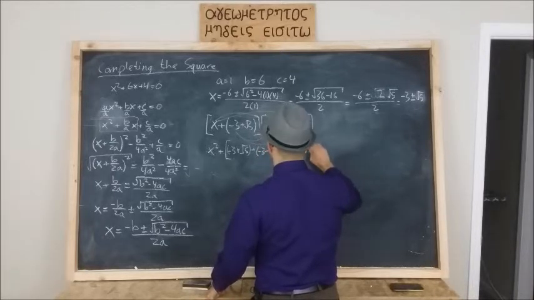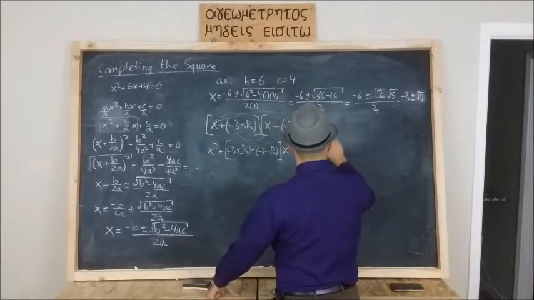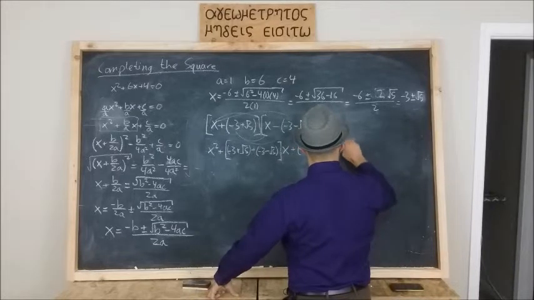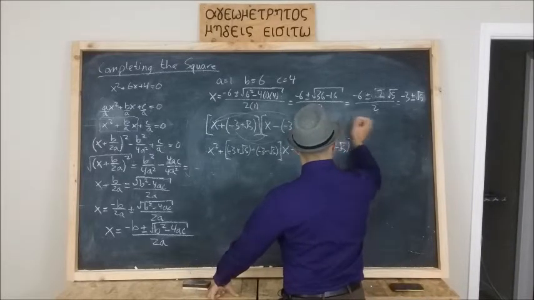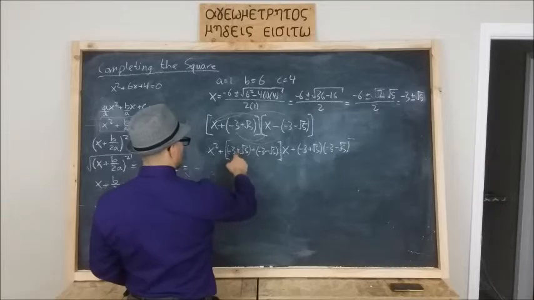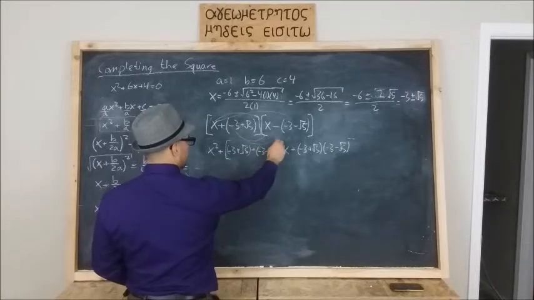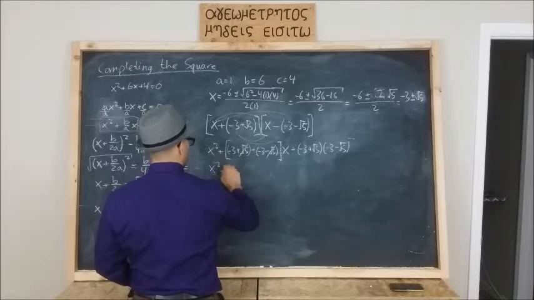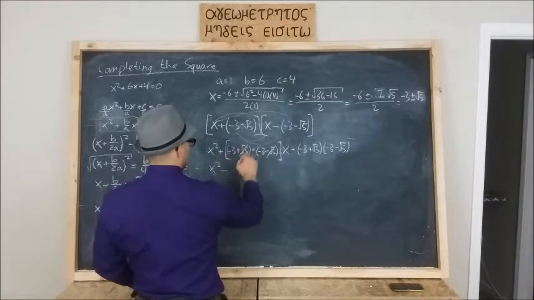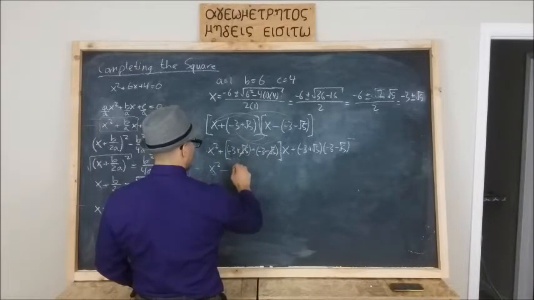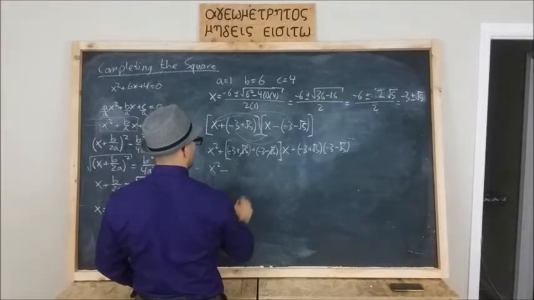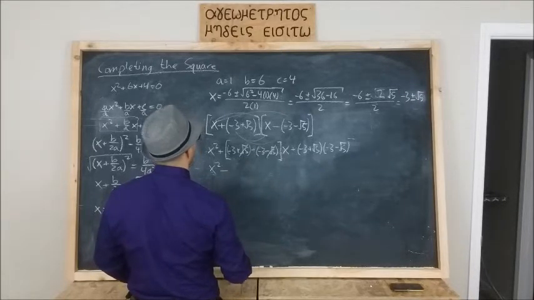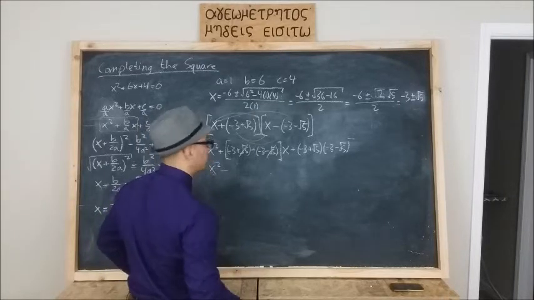And then I'm going to have, well, negative 3 plus square root of 5 times negative 3 minus the square root of 5. Okay, so positive root 5, negative root 5, they're going to cancel. x squared, negative 3 plus a negative 3 is going to be a, oh, you know what I did?